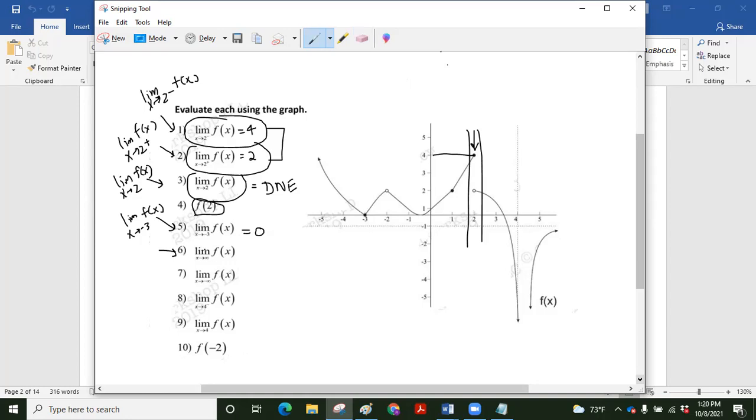This one here is asking what is the limit as x approaches infinity of f of x. Essentially this is infinity and this is -infinity. So as our x values get closer and closer to infinity, we see that we are approaching an asymptote of -1.